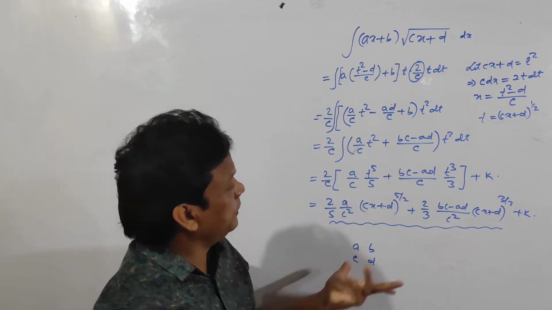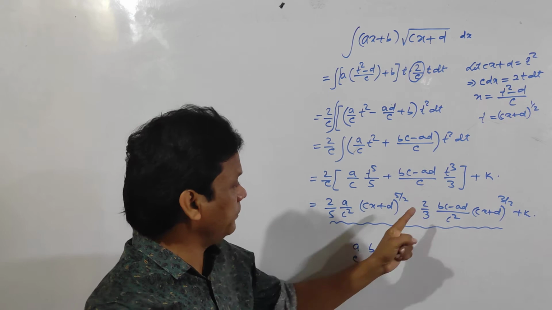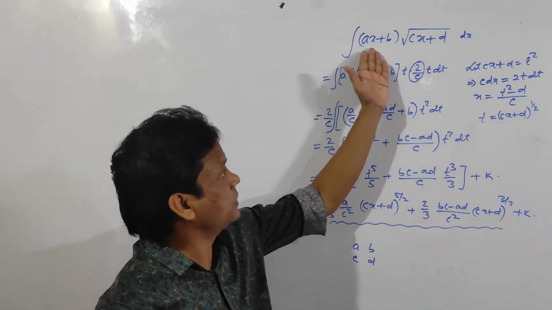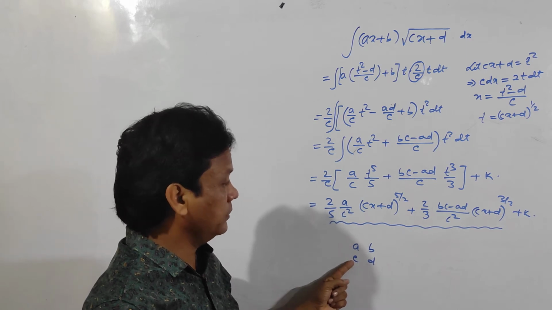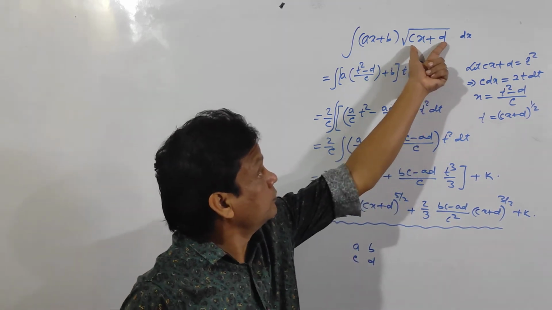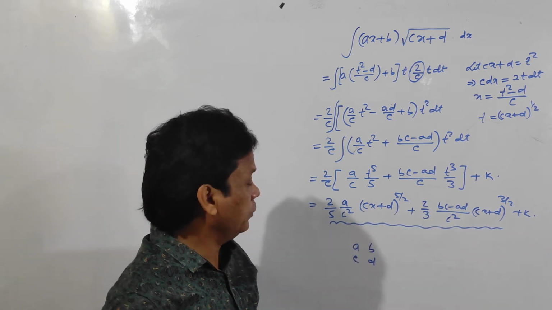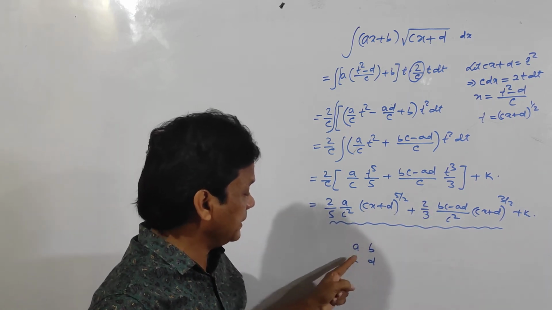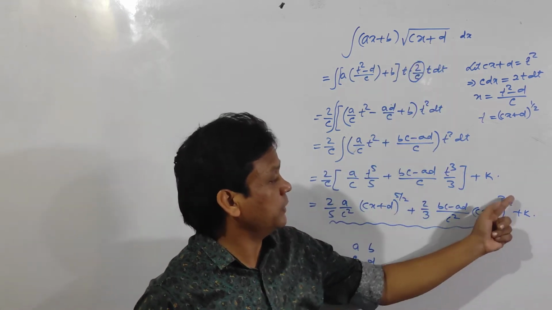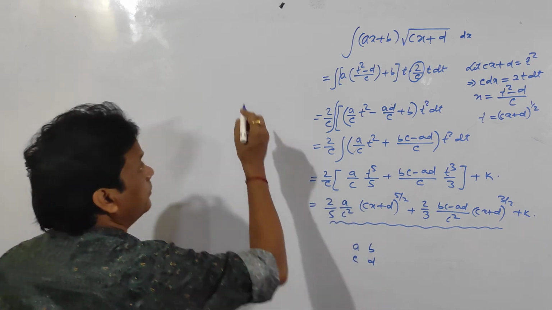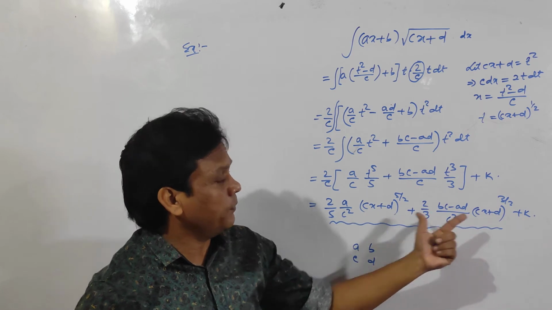In every case, in the first term you should write 2 by 5, and in the second term you should write 2 by 3, if the question is in this form: a by c square into this part to the power 5 by 2, then 2 by 3 into (bc minus ad) divided by c square into this part to the power 3 by 2. See here, one example I am giving, applying directly.